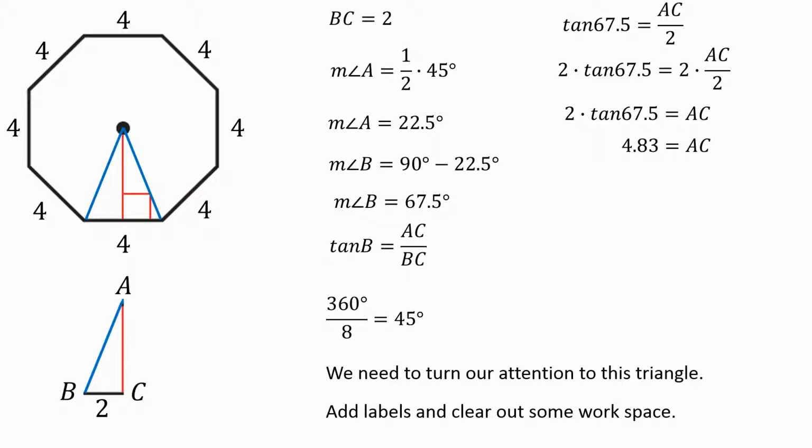When I'm using a calculator, I've got to make sure I'm set in degrees. So I'm going to do tangent of 67.5 degrees. Get that wonderful answer, multiply by 2. I now know that AC is 4.83, which of course is now my apothem. So the area of the octagon is 1/2 times the apothem times the perimeter.